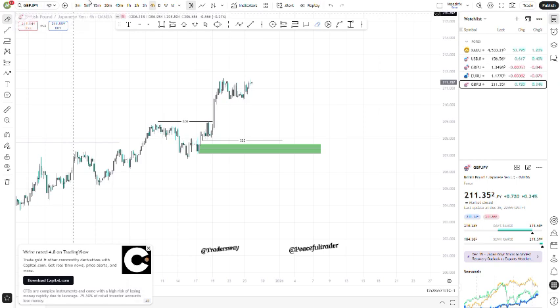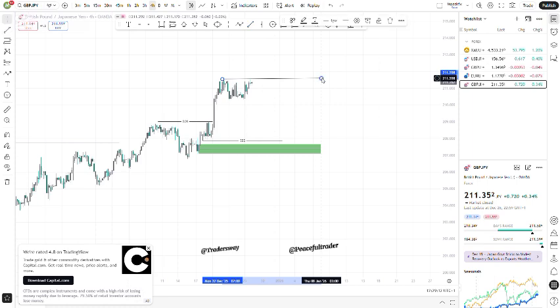Some traders, for me, if I'm analyzing this, I will just stop at the 4-hour time frame because I've already seen my buying setup that I want to take, and I'll be targeting this buy side liquidity.